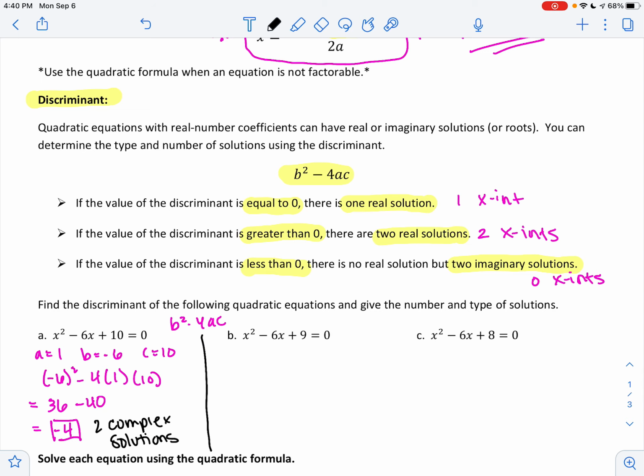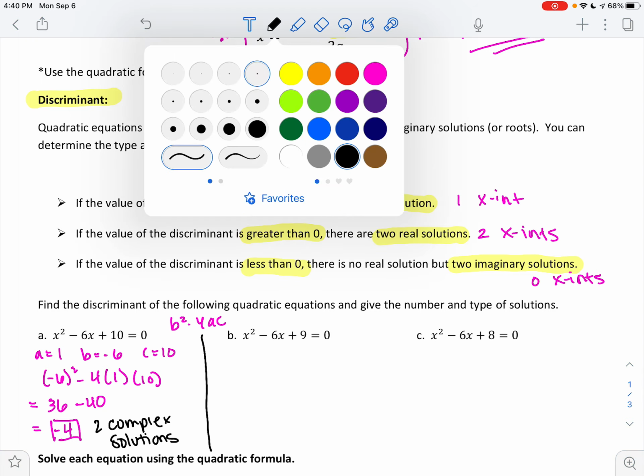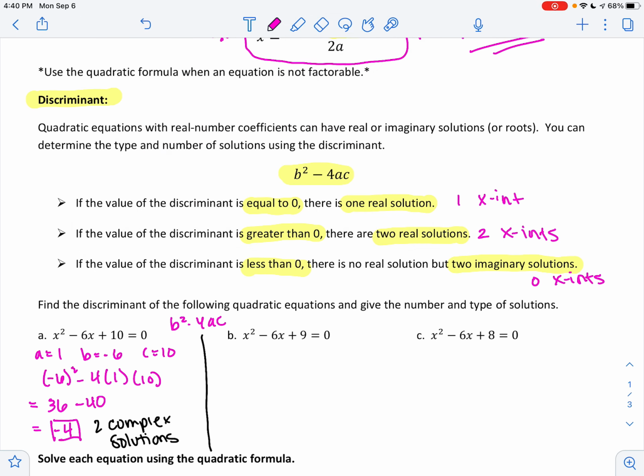Let's try part B, or equation B. We want to do the same thing. The first thing that I notice is that this is in standard form, and so I can identify a, b, and c. Here a is 1, b is negative 6, and c is 9. So I can plug into my discriminant formula. And I'll have negative 6 squared minus 4 times 1 times 9.